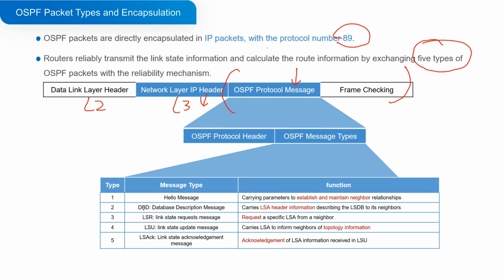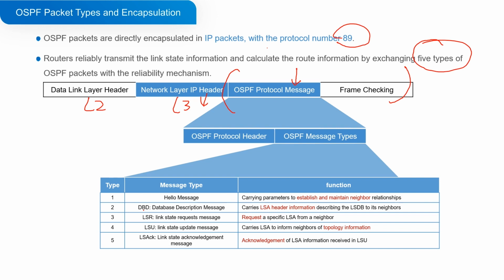And next is the DBD. Actually, the DBD is the list of our LSAs. We know the LSA includes the detailed information about our network, and we use the LSA to build the database, right? For the DBD, two routers will exchange the DBD packets.